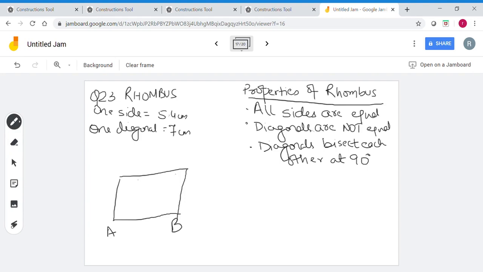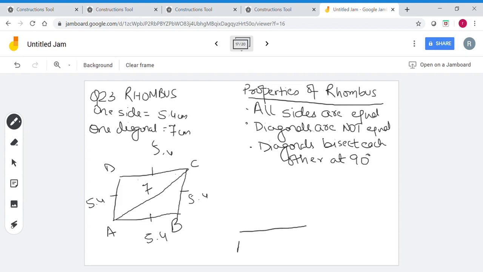A, B, C and D. All four sides are equal and this is 5.4, which means this is also 5.4. This is also 5.4 and this is also 5.4 and one diagonal is 7. So let's say AC is 7, since we haven't been told which diagonal. This is 7. So how do we construct it?